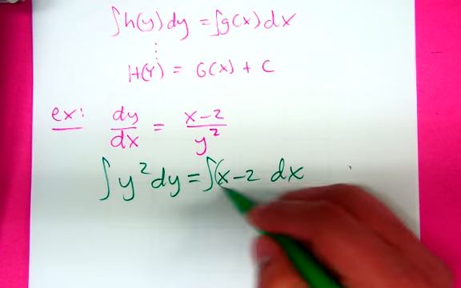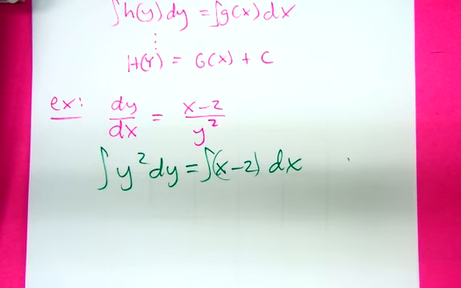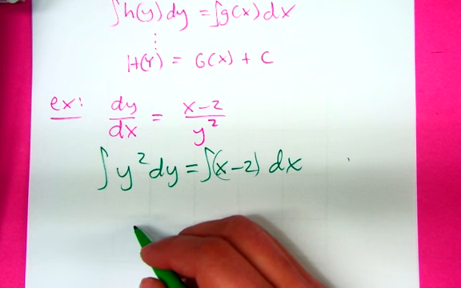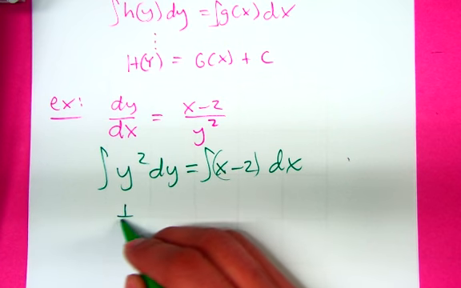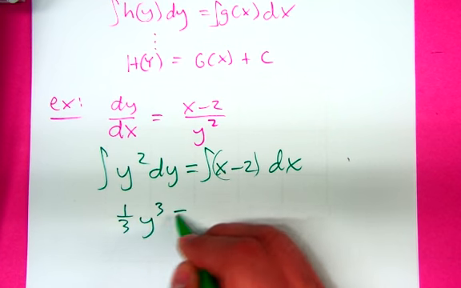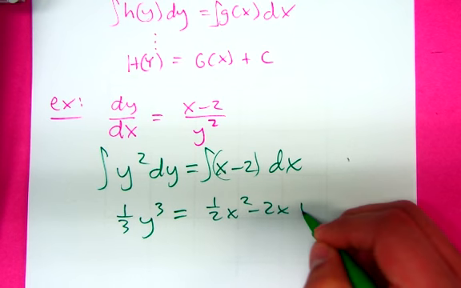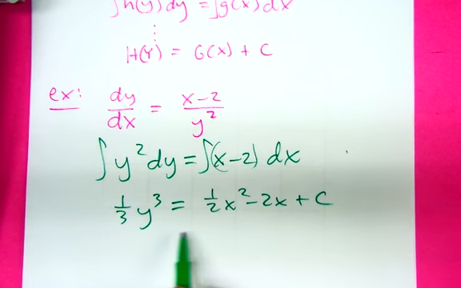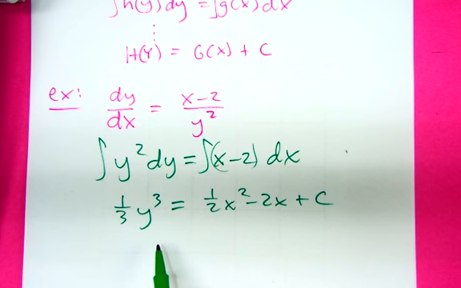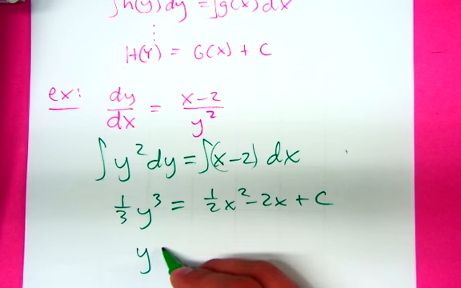Right? So separate variables, get all the y's on one side, all the x's on the other, integrate, and now we get 1/3 y to the third equals 1/2 x squared minus 2x, not an explicit solution, but easy to find one. Right? What would y be?